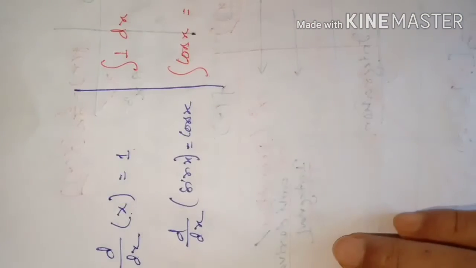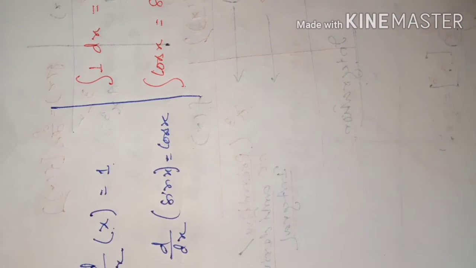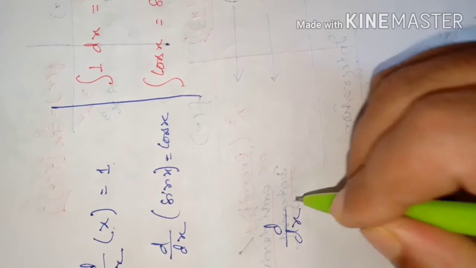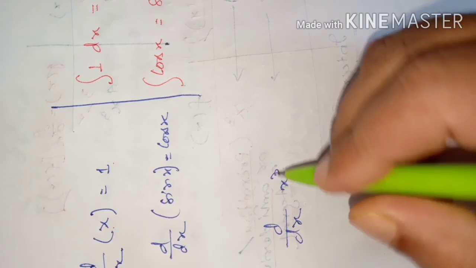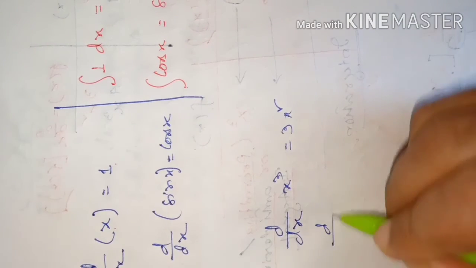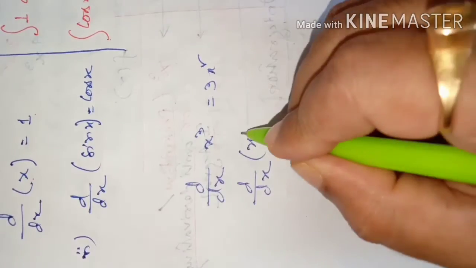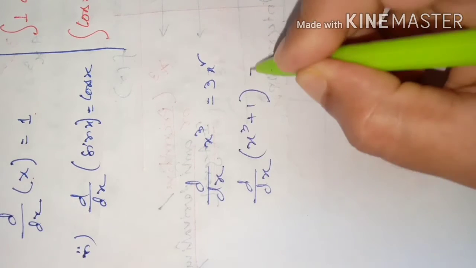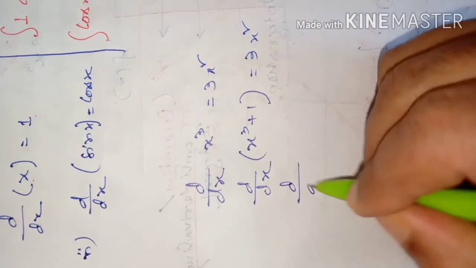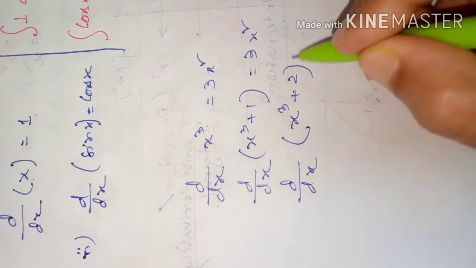Now dear students, here an additional question arises. See, if I take the derivative of x cube, I get 3x square. If I take the derivative of x cube plus 1, then also I get 3x square. If I take the derivative of x cube plus 2, then also I get 3x square.